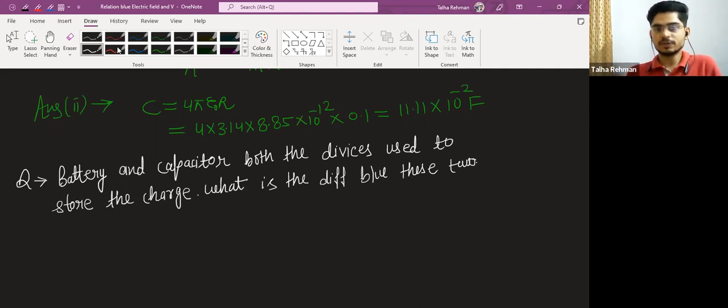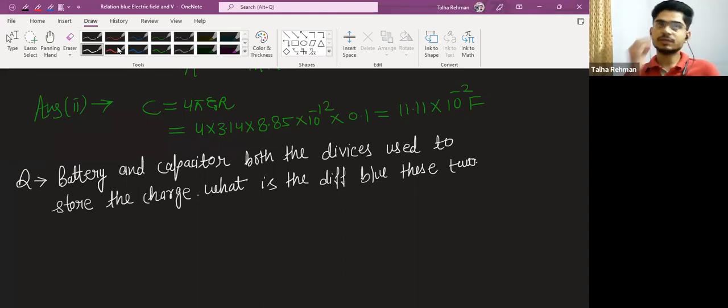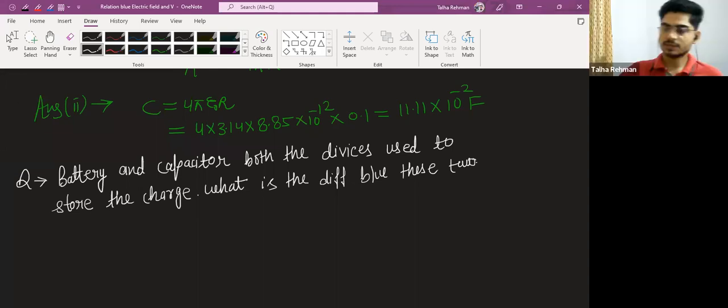But imagine the flashlight of a camera. The flashlight of a camera is an example of a capacitor. When you turn on the flashlight and press the button again, it instantly turns off. So there is a capacitor connected.